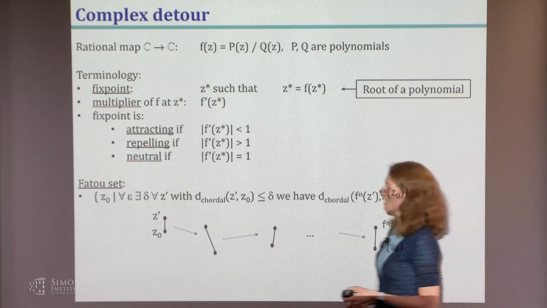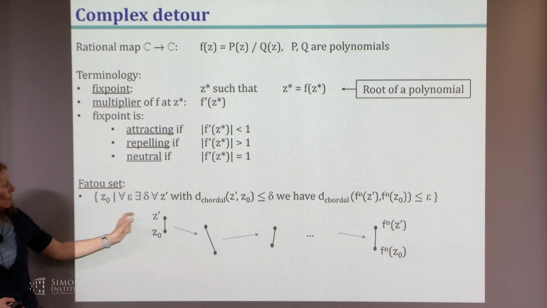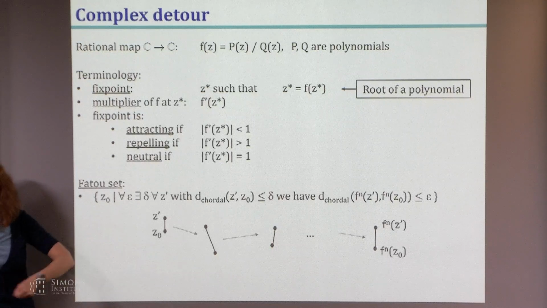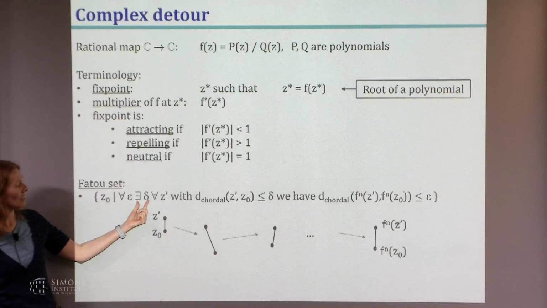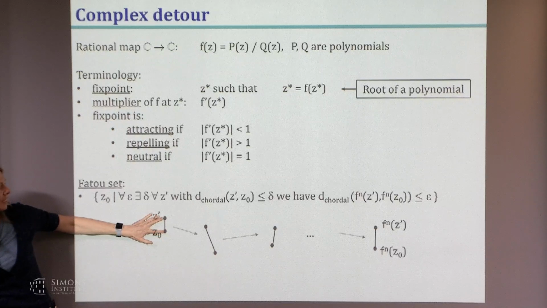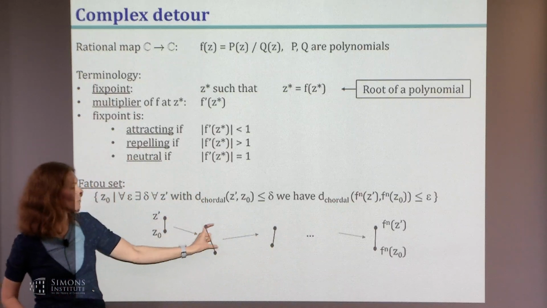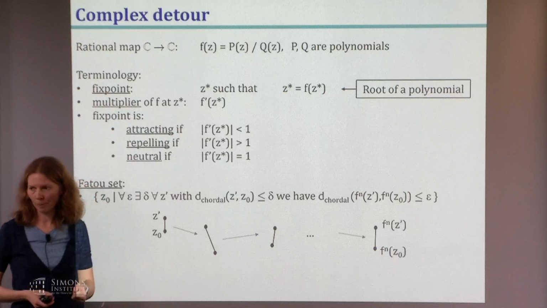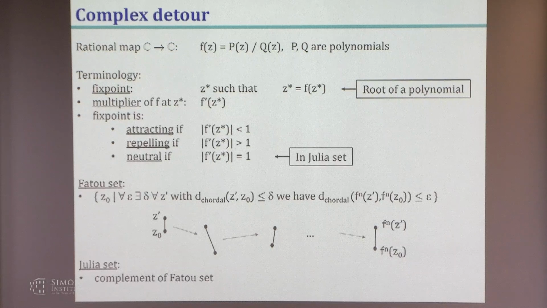So what it means is that for a point z0 in the Fatou set, for any leash length epsilon, there exists delta, such that if I start with somebody closer than delta to me, and then as I apply my map, the points will always stay within epsilon of each other. So they're going to be on an epsilon leash. Okay? It's a very interesting concept, a new thing to me before this work.